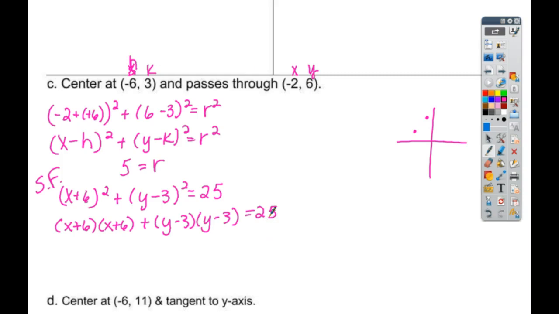36. What's the SF? Standard form and general form.